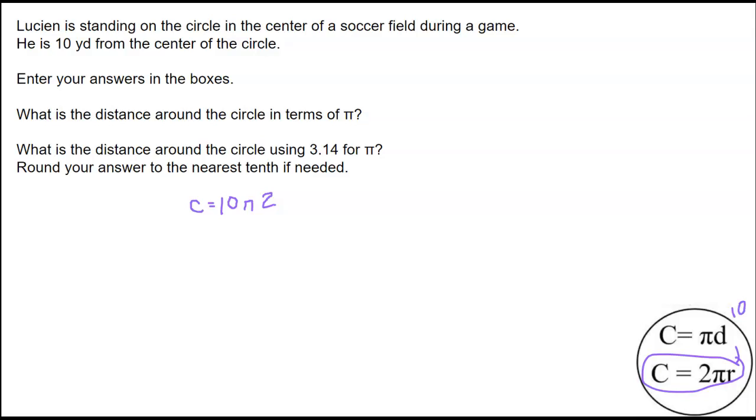To get the exact answer, I would say 10 times 2. Remember that multiplication is associative, so I can move these around in any way that I want to. 10 times 2 is 20. Therefore, the exact answer is circumference is 20 pi.